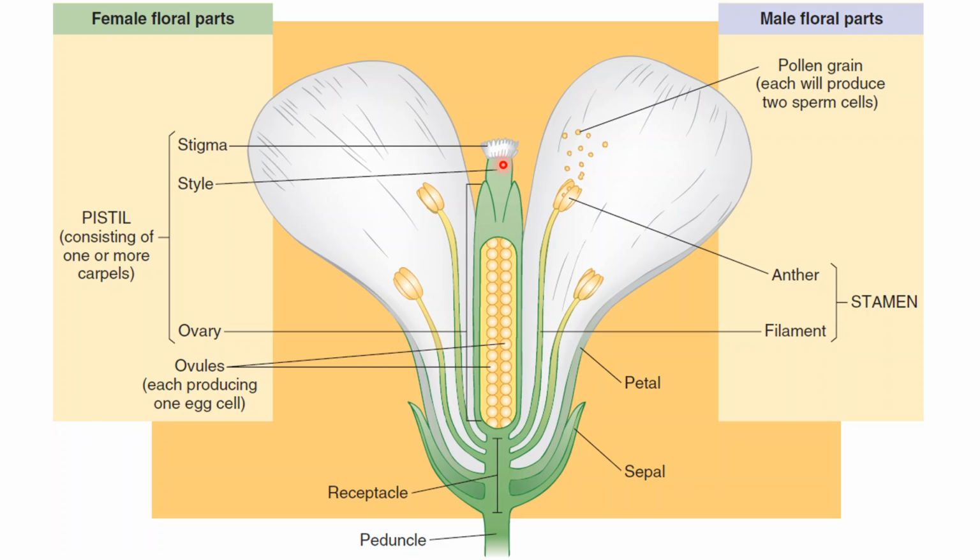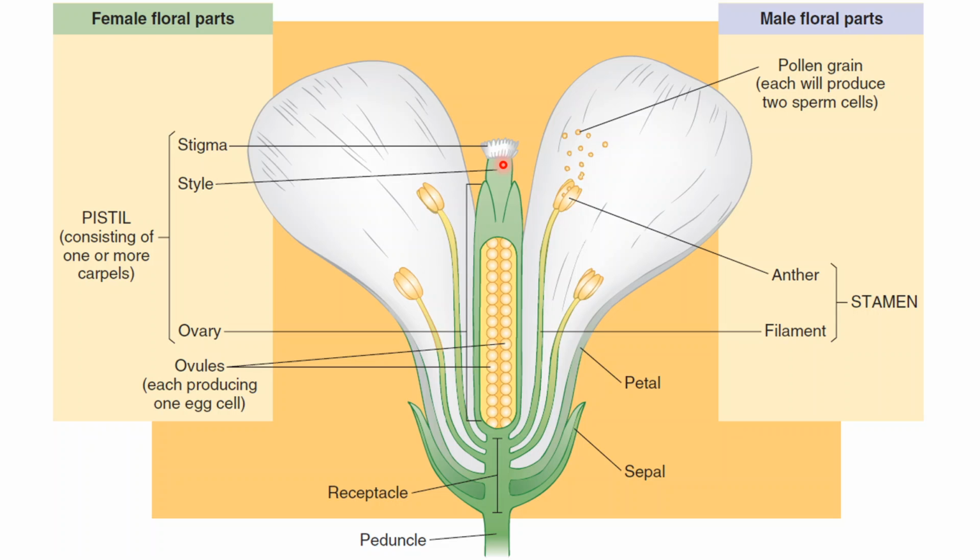We are talking about the potential because they need to be fused with the sperm cells. So not all ovules will develop into seeds, because there are plenty of the ovules, but not all of them.